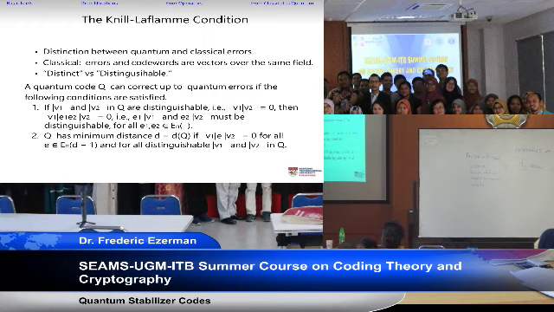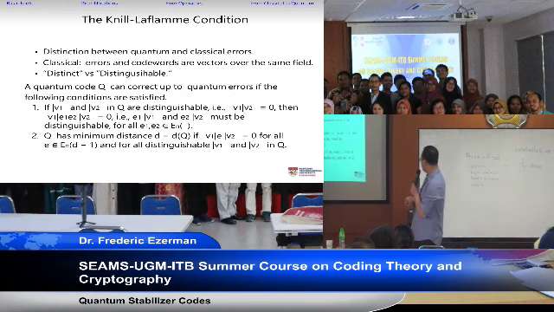So, a quantum code can correct up to L quantum errors if the following conditions are satisfied. If initially two states are distinguishable, distinguishable means the Hermitian inner product is 0, then after the respective errors, here E1 acts on V1 and E2 acts on V2, they are still distinguishable. Okay? So, that's the key.